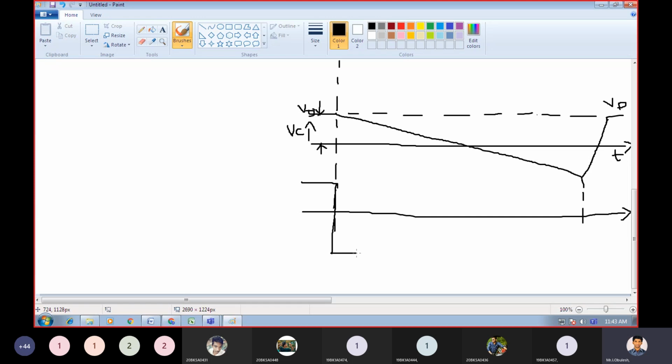Then we need to draw negative, minus V saturation, up to this point. This is a 0. This is a positive V saturation. This is the minus V saturation.